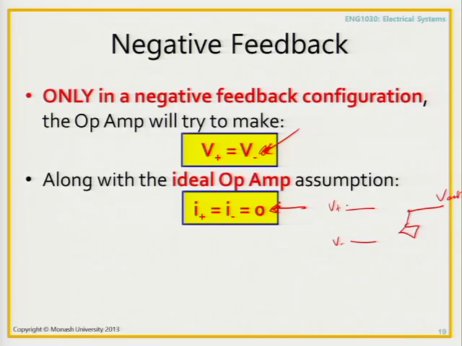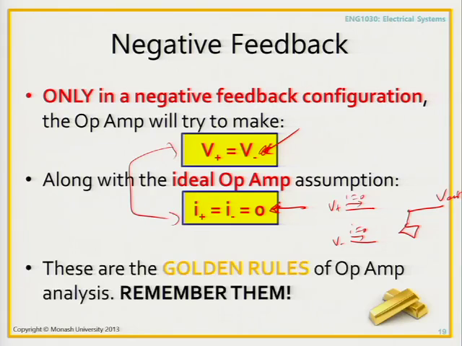No current goes in and out of this. So these two things I will leave you with today as the things you need to remember for the rest of the stuff we do with op amps. They're called the golden rules of the op amps. So take some time to understand this lecture, because the next 5 lectures after this will rely on basically making use of these two rules.